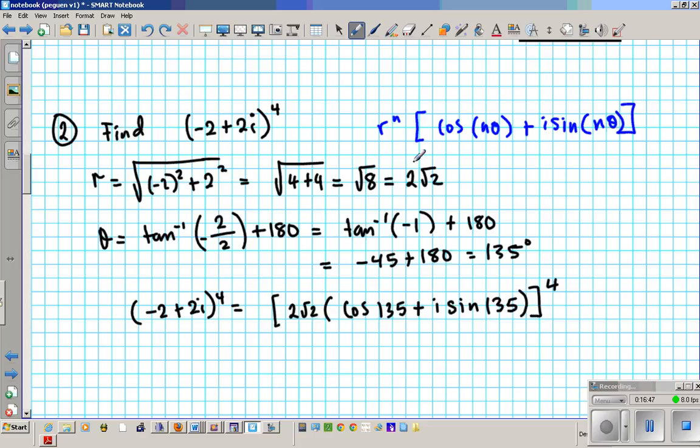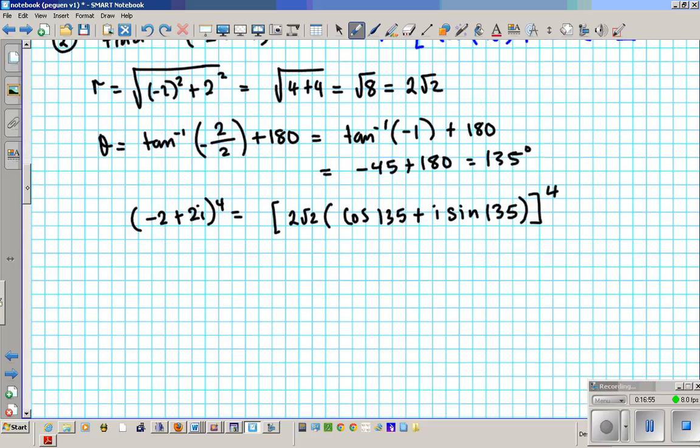So when we apply De Moivre's theorem, we're going to raise the absolute value, or the radius, to 4 and multiply these angles by 4. Okay? So let's do that. So we're going to have 2 root 2 to the 4th times cosine 135 times 4 plus i sine 135 times 4, like that. Okay?